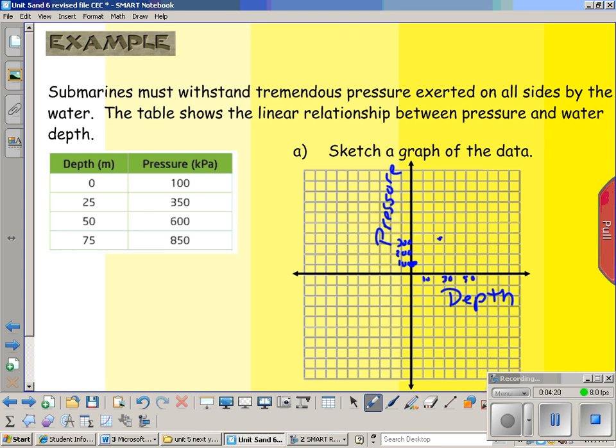At 50, we are going up 600. So 1, 2, 3, 4, 5, 600. And then at 75, we are going up 850. So we've drawn our graph of this relation.